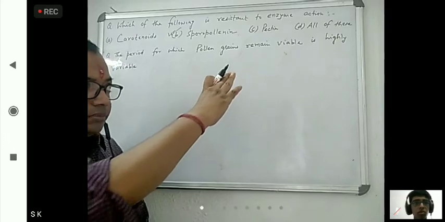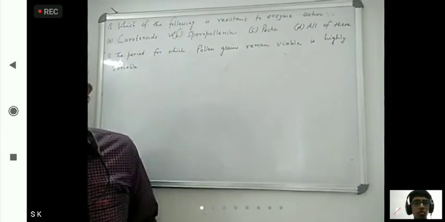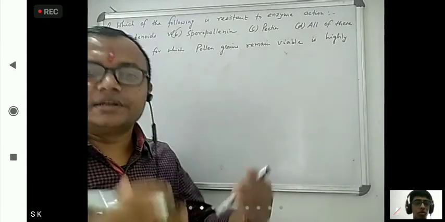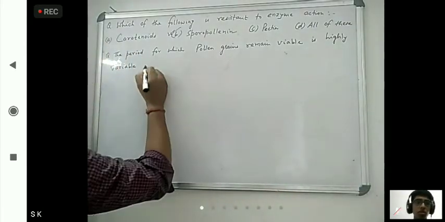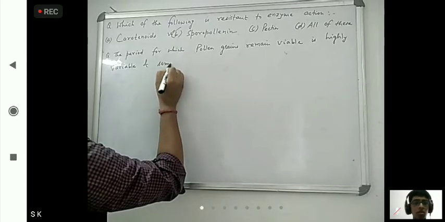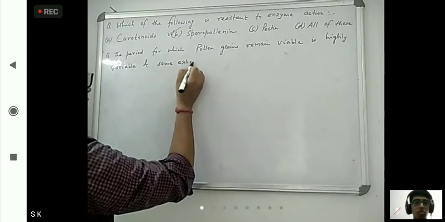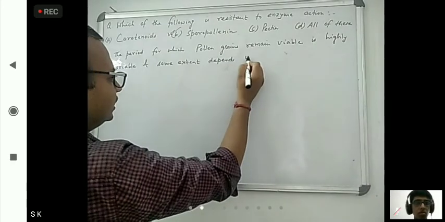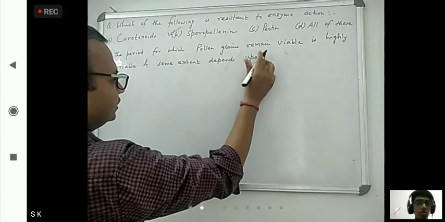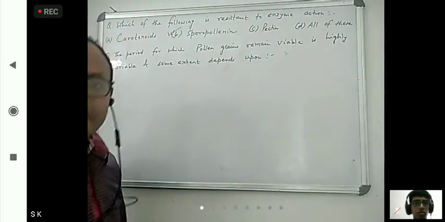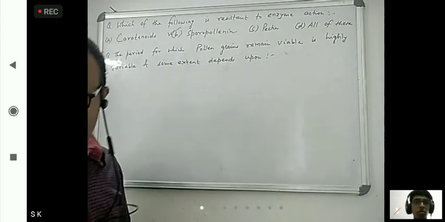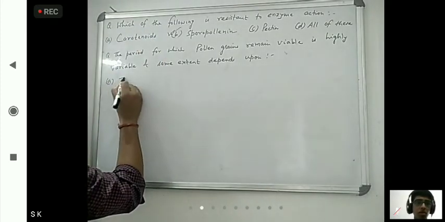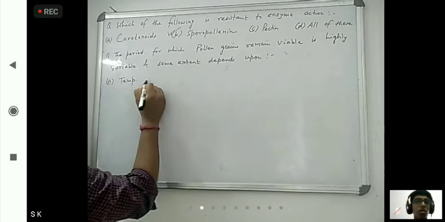So remaining viable is highly variable, and to some extent depends upon, okay. So what are those factors it depends on? Number one option is temperature and humidity.